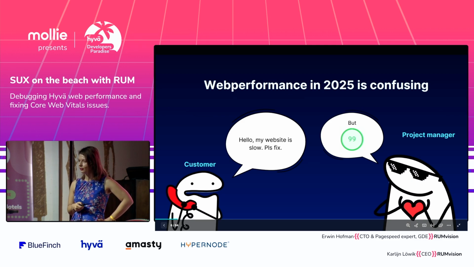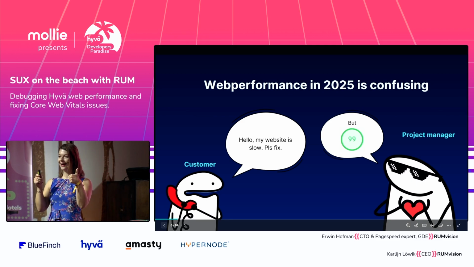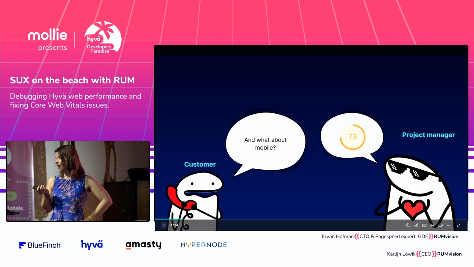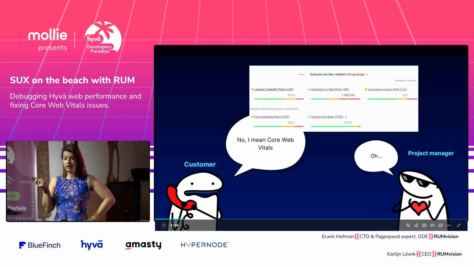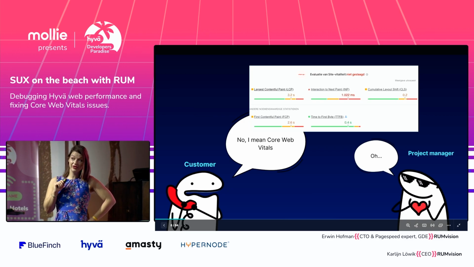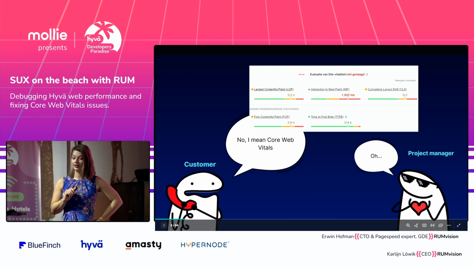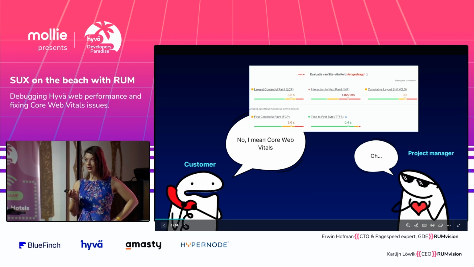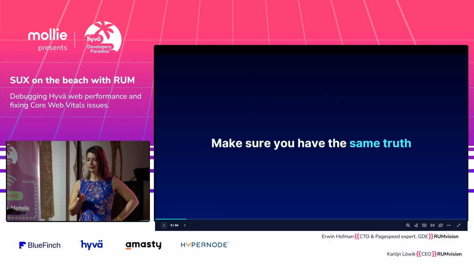We have a 99% page speed score. And then they ask, okay, but what about mobile? And sometimes it's less. Sometimes it's not. Okay, but what about Core Web Vitals? That's a fail. That is very often a fail, because the Lighthouse page speed score is not the same as Core Web Vitals. But try explaining that to them.